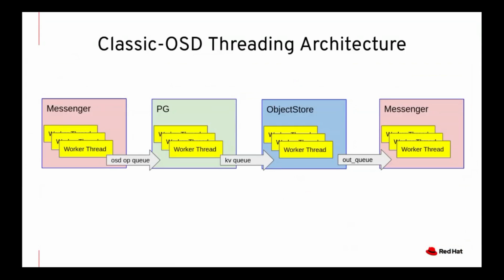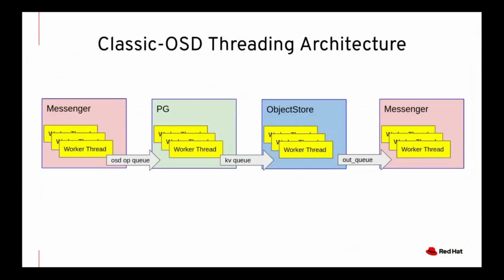The finisher thread picks up the completion callback and queues the reply for a messenger thread to send. Each of these thread handoffs requires coordination over the contents of a queue, and with PG state in particular, more than one thread may need to access the PG data, requiring mutexes.